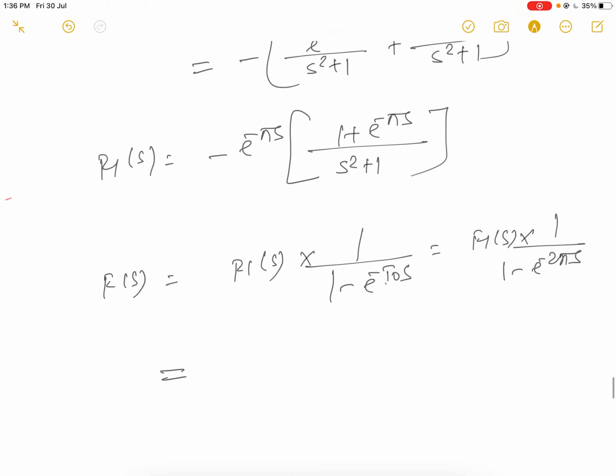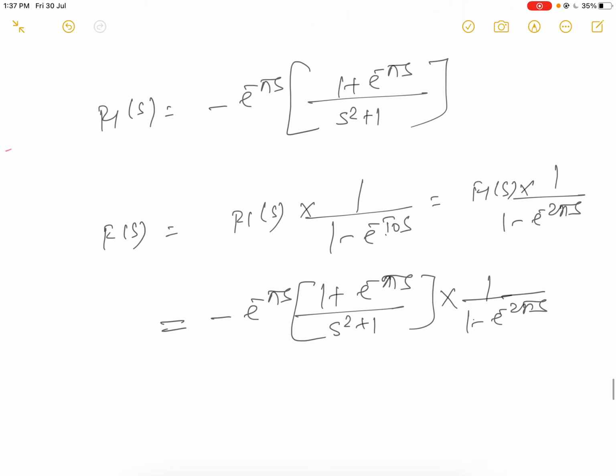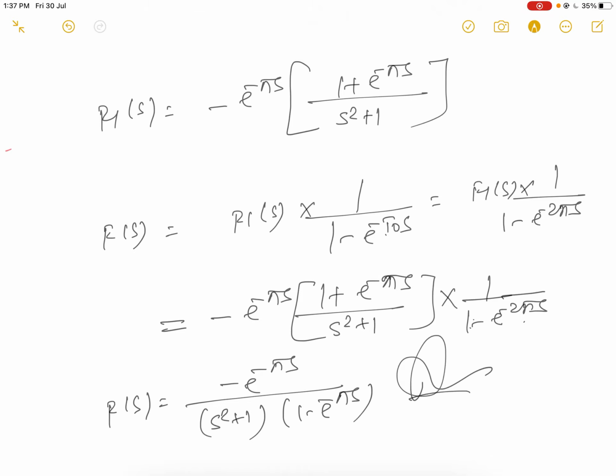Okay, so f1(s) is 1 plus e to the minus pi s upon s square plus 1, and 1 minus e to the power minus 2 pi s. After simplification, using a square minus b square equals (a plus b)(a minus b), you will get F(s) equal to e to the power pi s upon s square plus 1 times 1 minus e to the minus pi s, which will be the right answer.